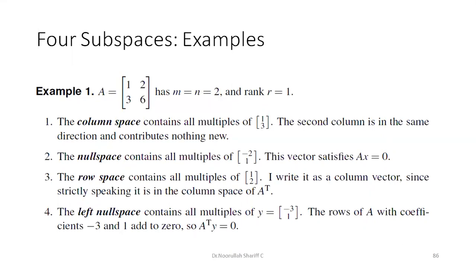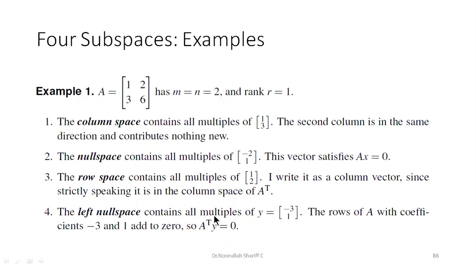Okay, so again y1 is the independent variable. Corresponding to an independent column we have a pivot variable, corresponding to a dependent column we have the free variable.